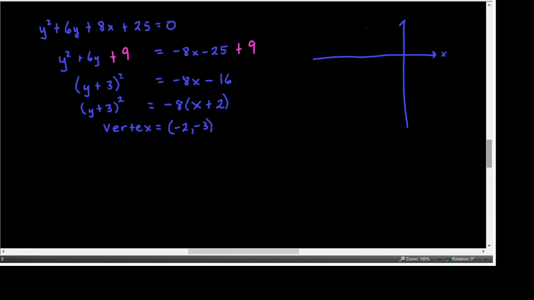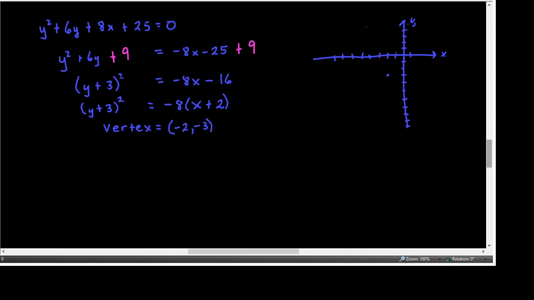All right, so let me put a few tick marks on the axes. Okay, so our vertex is at -2, -3.